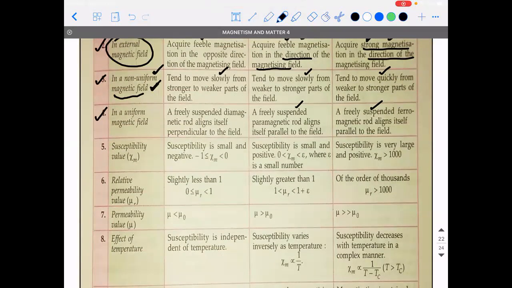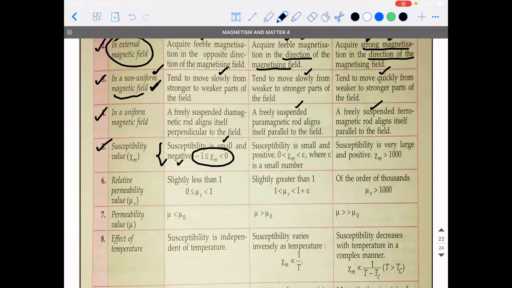Next is, what about the susceptibility? Means the extent to which you can magnetize a material. The susceptibility of a diamagnetic substance is negative, means you cannot magnetize it, but it's very small. So susceptibility is small and negative, which is generally between -1 to 0.